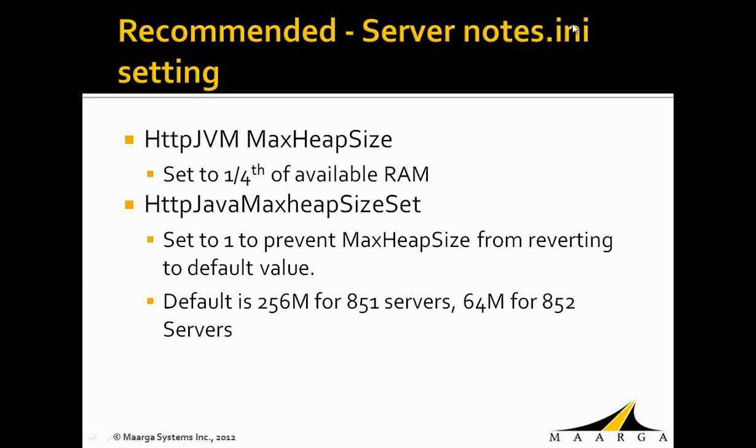As you know, for the 8.5.1 server the default was 256 M, whereas from 8.5.2 onwards, I think the default is changed to 64 M. So if you suddenly face out-of-memory exceptions after migrating your servers, the reason may be that your HttpJVMMaxHeapSize got reset from the previous value, which could be raising a lot of memory errors in the log.